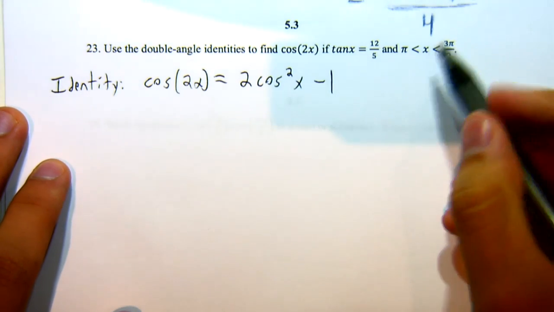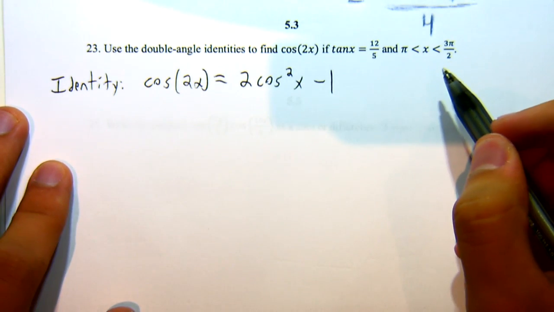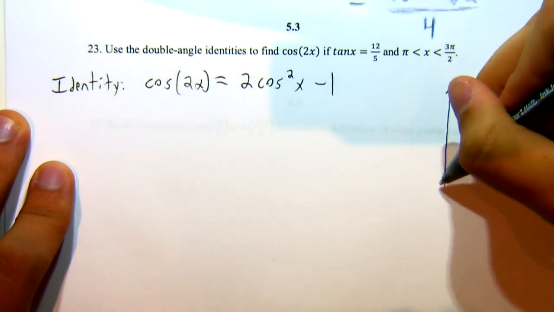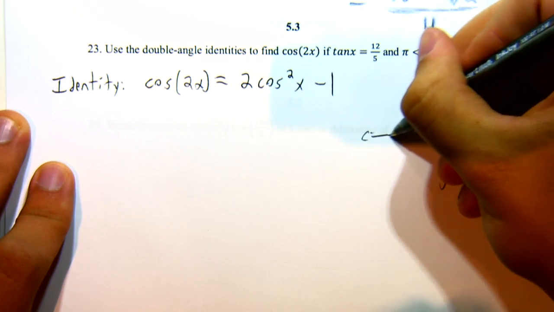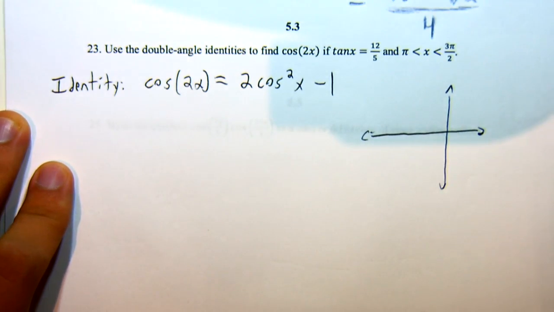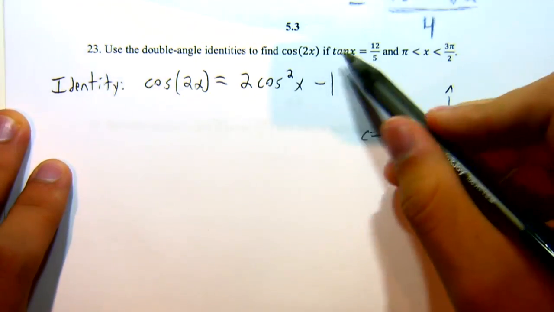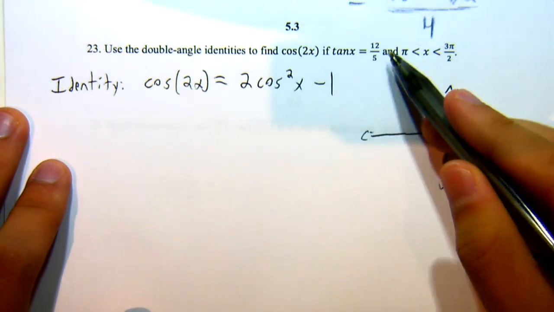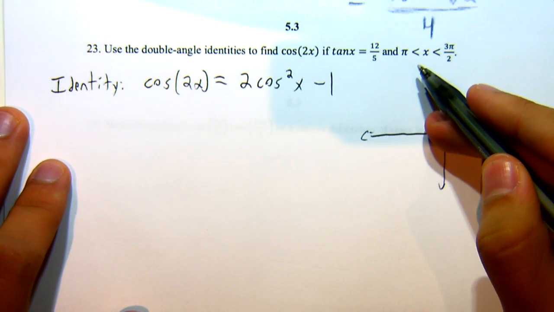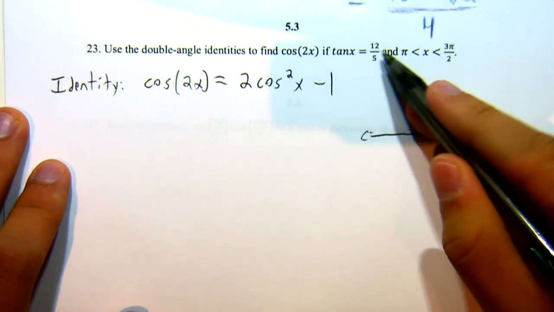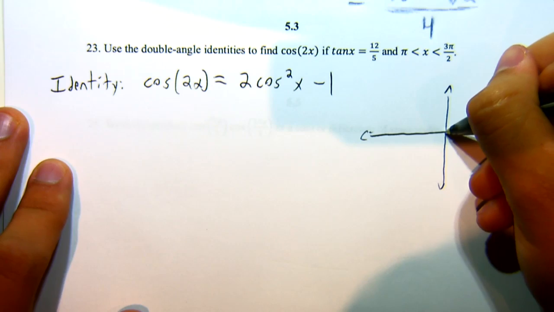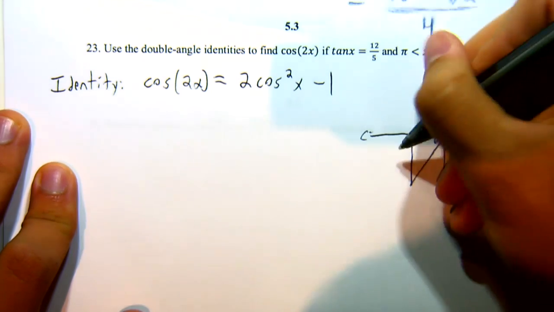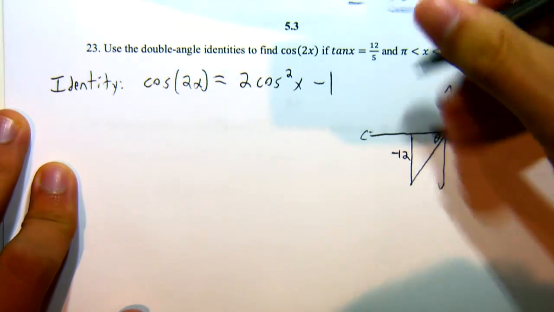So this is in quadrant 3, so let's go ahead and make a triangle in that quadrant. Tangent we know is opposite over adjacent, so that means our opposite is 12. So this is negative 12, and this is negative 5.